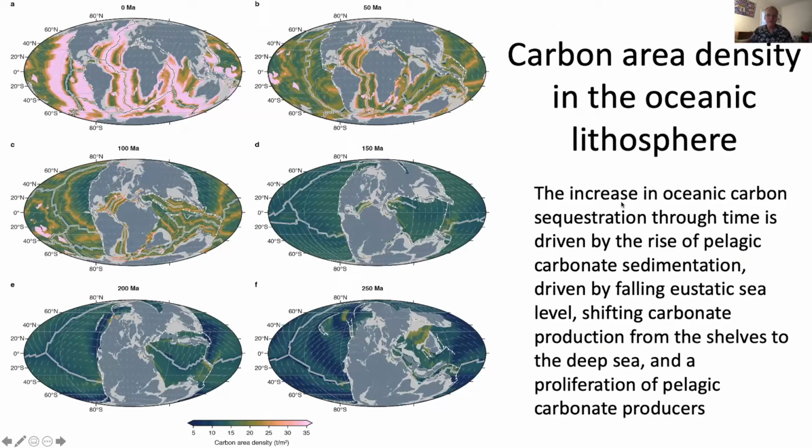So if we look at the carbon area density in the oceanic lithosphere through time, from old, 250 million years ago, down here, to young, present. So these bright pink colors that show up here exemplify this enormous growth of the oceanic biogenic carbon reservoir that didn't exist at all in the Triassic and Jurassic.